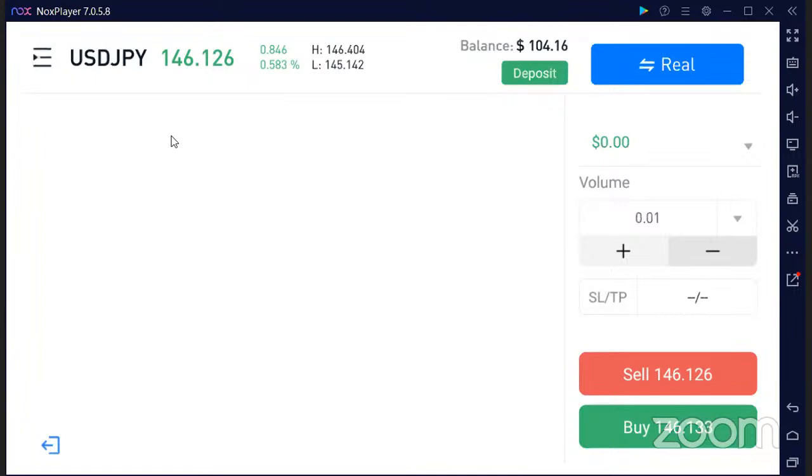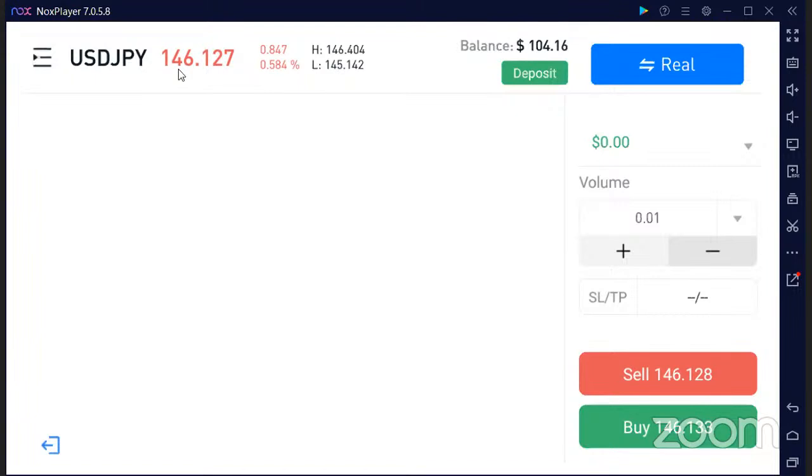Like I was saying, the JPY pairs have an exception, because the previous example I made had a decimal point after the first digit, then the other digits. The JPY pairs are always an exception.